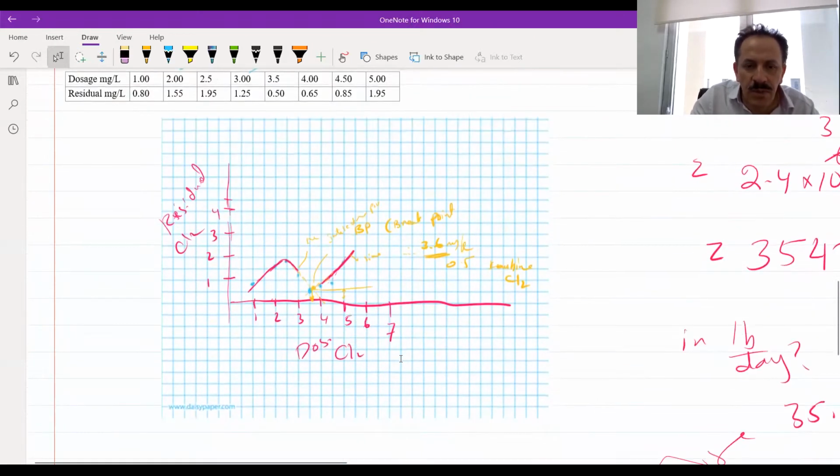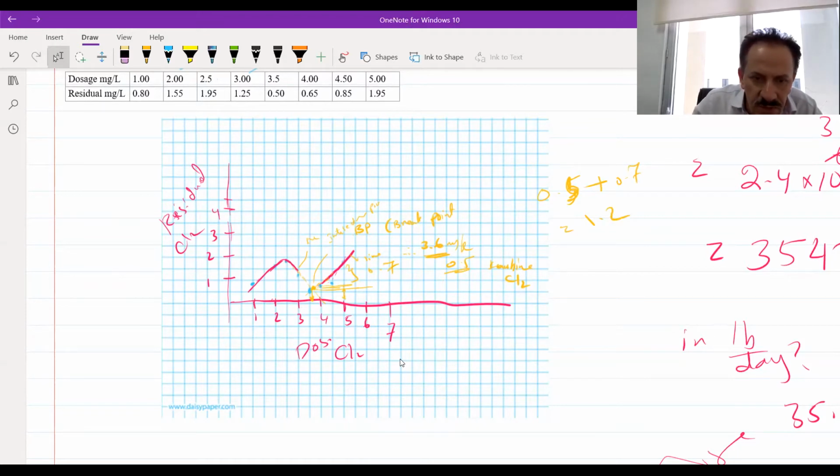So what will be 0.7? You have to measure free residual. It means that after this point, you have to measure about 0.7. Where is the 0.7? We have about, this is 0.6, 0.5, and to have a free residual of 0.7, it means 1.2.